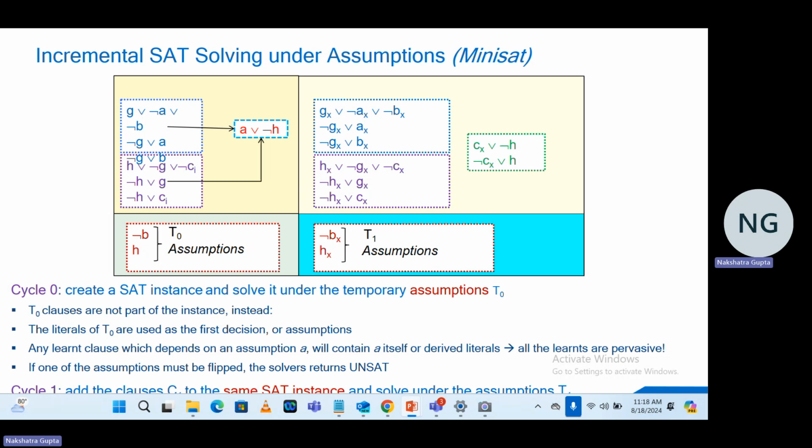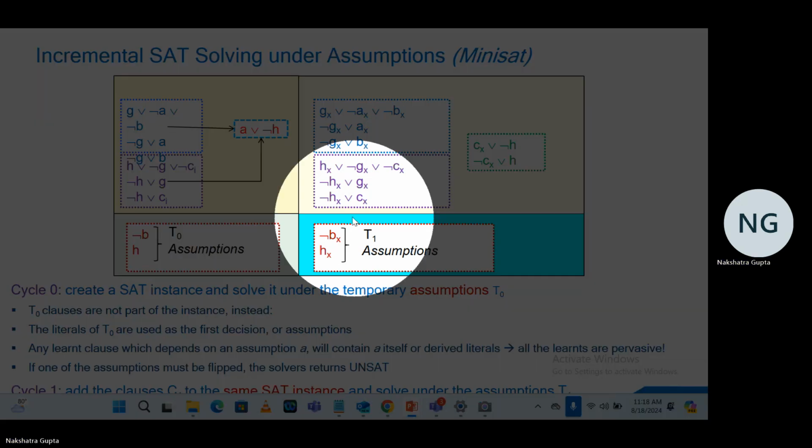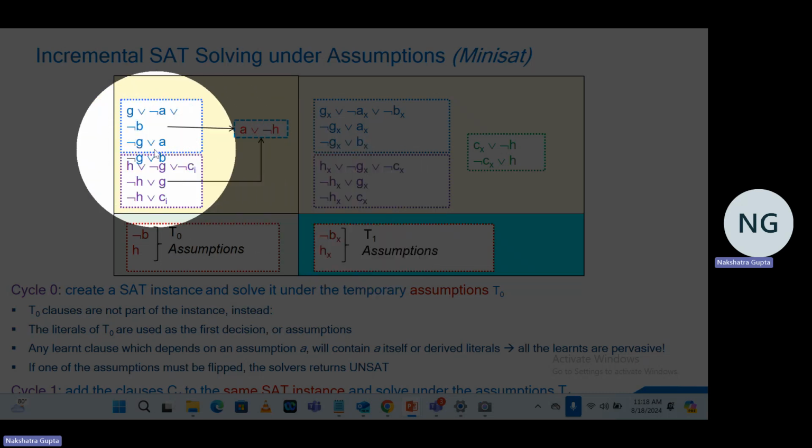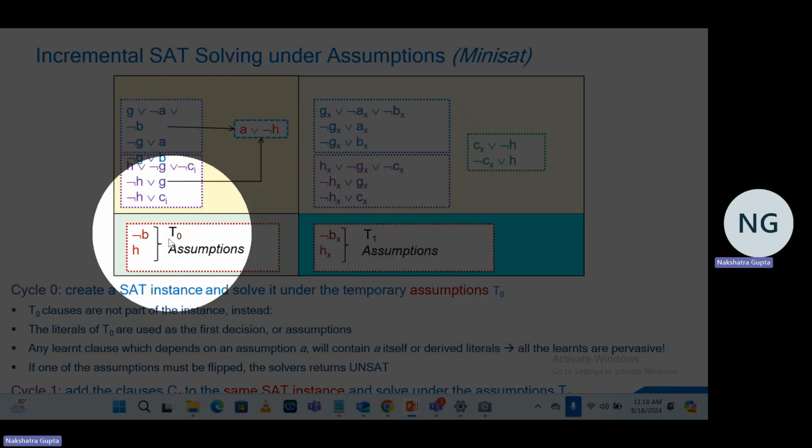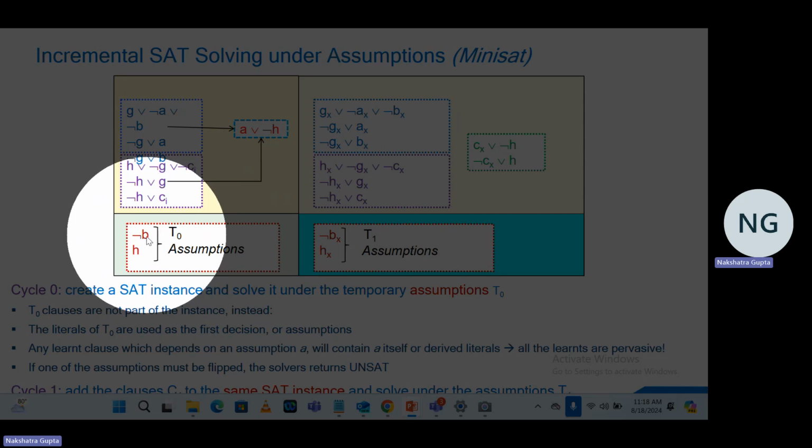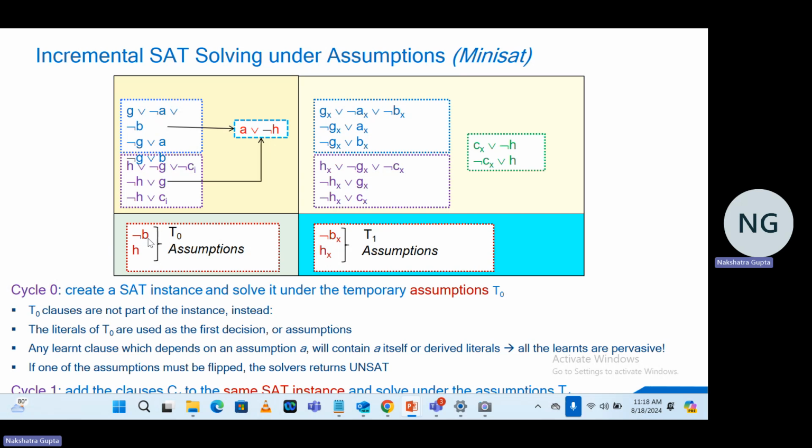So in the initial integration to SAT, you provide the solver only the global clauses, and those clauses you don't provide at all, but as assumption, which is to say the first decision. So you just start the exploration process with the node B followed by BCP and then H followed by BCP. And in this thing, every clause learned, if it depends on the assumption, it will just have the assumption inside.